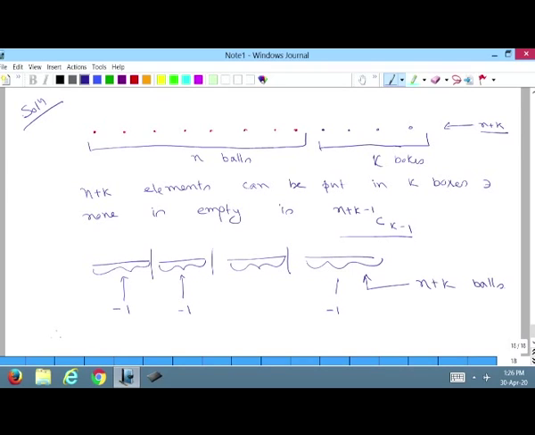Therefore, now we will have n balls in k boxes, but some box can be empty also.